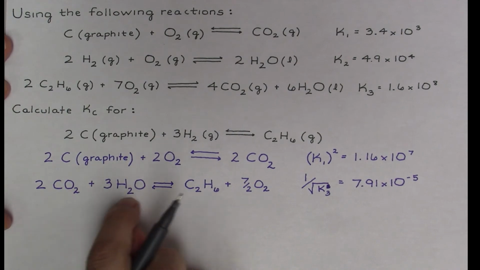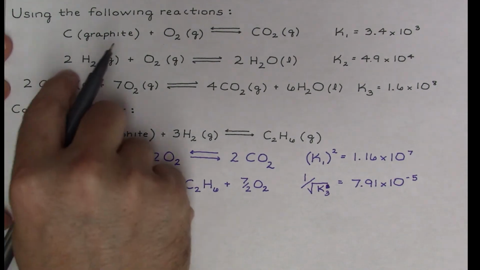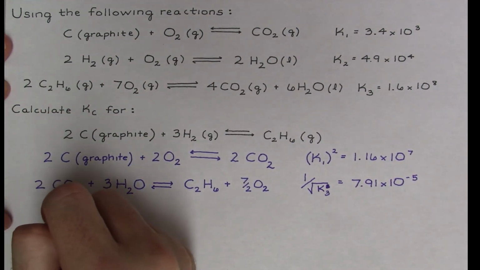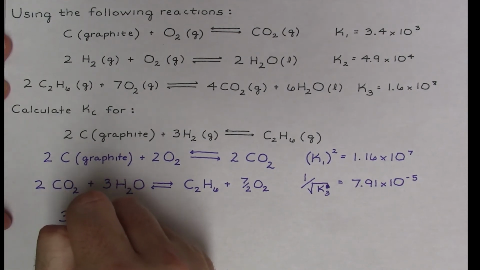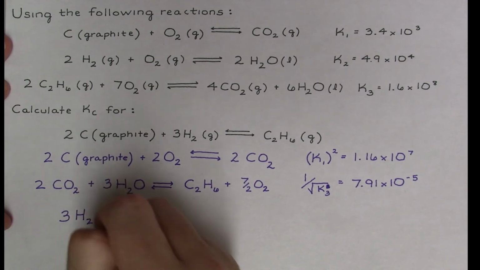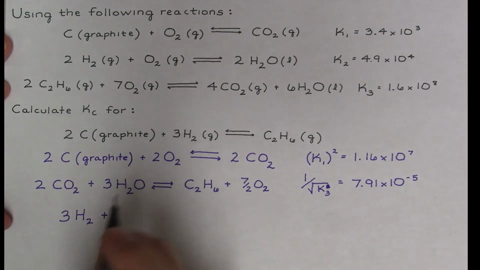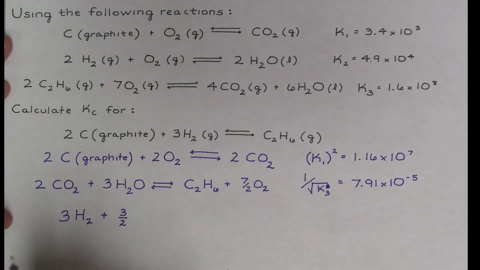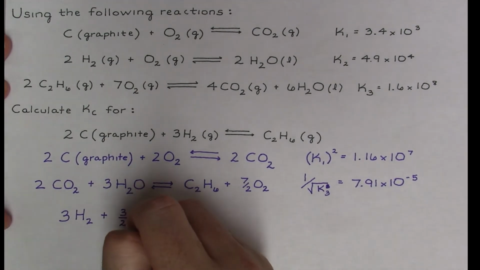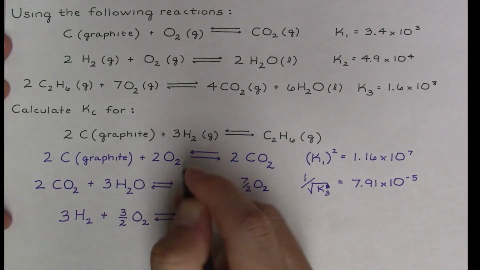Finally, for my last step, we will look at reaction 2. Because now I have 3 waters that I must get rid of, I can do that by the waters in the second reaction. However, I have 2 waters, I must produce 3. So what I will now do is multiply my second reaction by 3/2. That gives me 3H2 plus 3/2 O2 and this will yield my 3 waters.